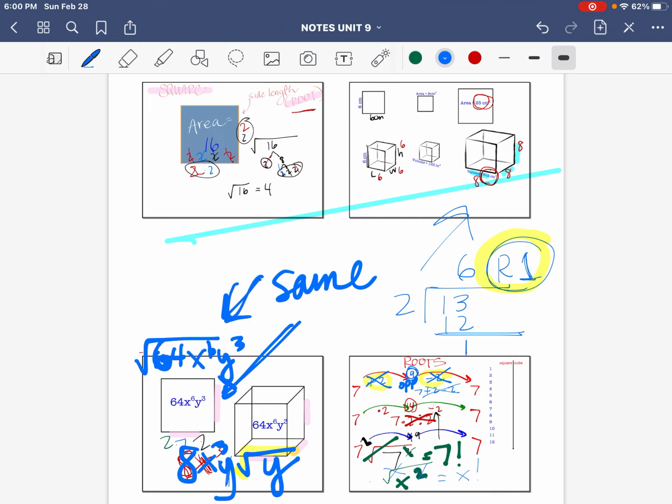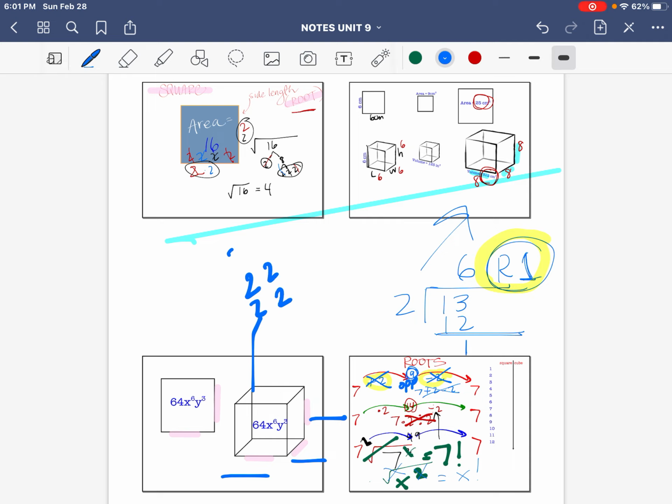Now, let's look and see what would happen if we had 64 as my volume. If I have 64 as my volume, now I know that I have to split this up between 3 sides. The prime factors of 64 were 2's, and then I have 6 x's and I have 3 y's.